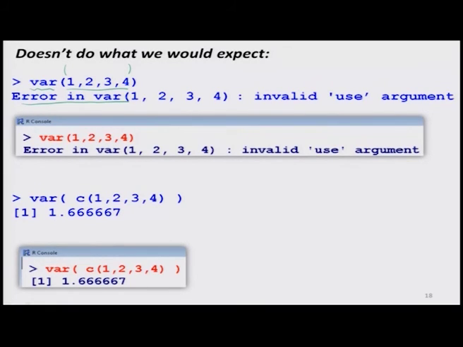Why? Because you have not given the values in the form of a vector. So, in order to find out the variance of 1, 2, 3, 4, first we should combine them in a vector using the C command, and then use the variance function, and this will give us the correct value. And here are the screenshots of the outcome, so you can see and try yourself.